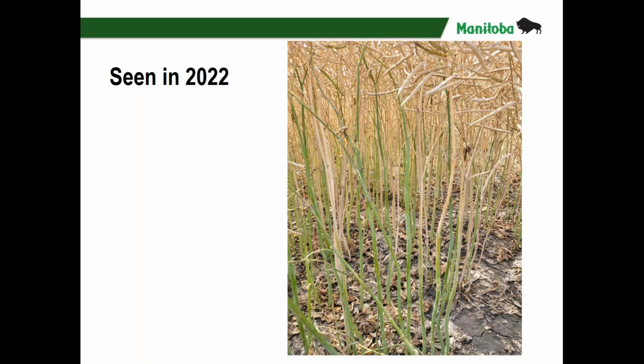Okay, and you might have answered this one, but does rotation help the problem? Well, it can slow the buildup of the disease, but those microsclerotia are said to have a very long life in the soil, even after the plant tissue has broken down.